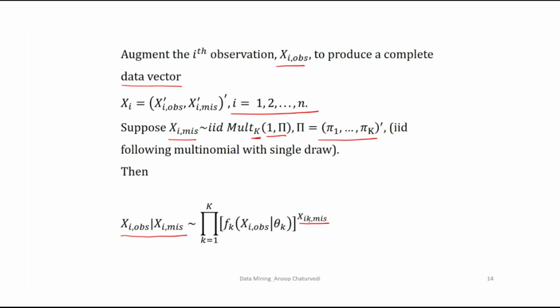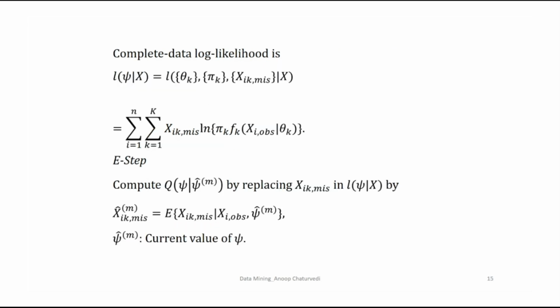Notice that x_ik missing takes value 1 if the observation belongs to class k and it takes value 0 otherwise. Then the complete data log likelihood is, you take the log of the likelihood function and we denote it by small l(psi given x). So, this is equal to small l(theta k, pi k, x_ik missing given x).